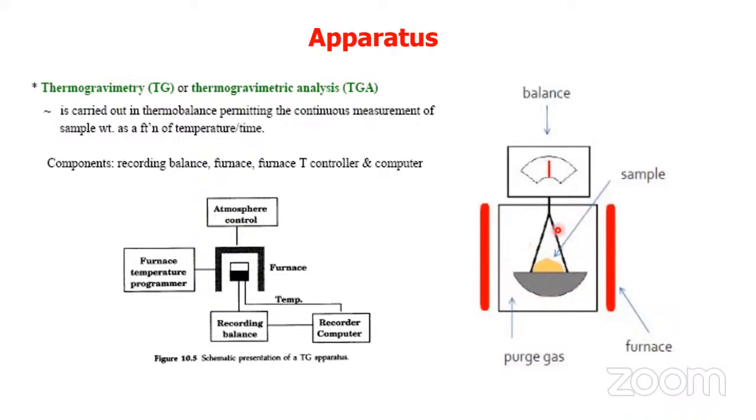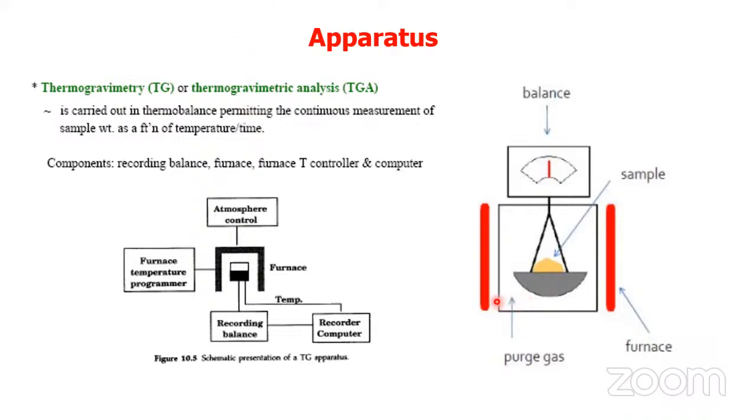Suppose these red lines are the furnace. We insert or hang this pan in the furnace, and the furnace temperature we gradually increase.